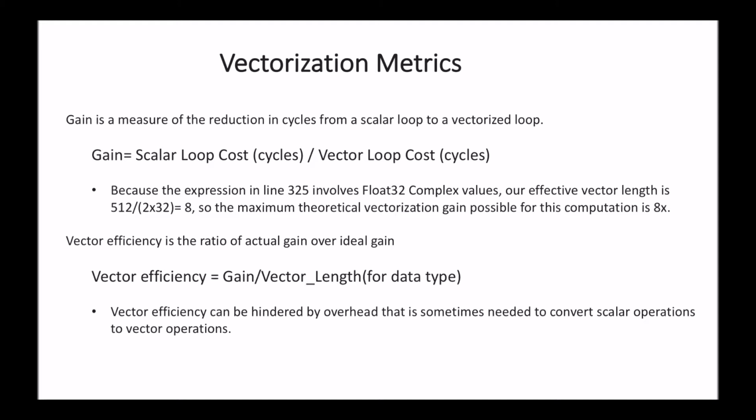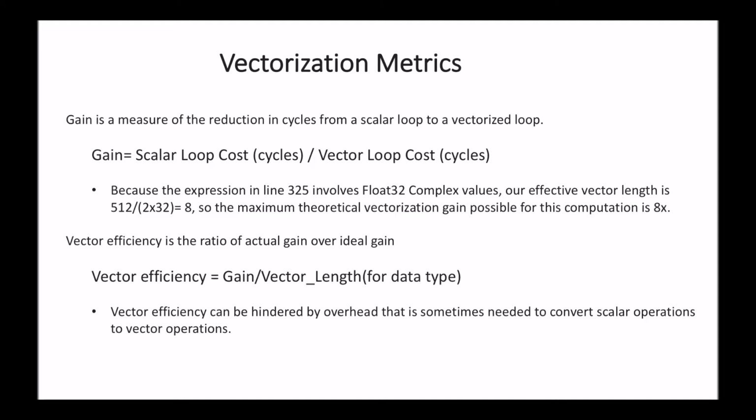Then vector efficiency is the ratio of the actual gain over the ideal gain. So our ideal gain, again, is 8x. So we're looking at how close we can get to 8x gain.